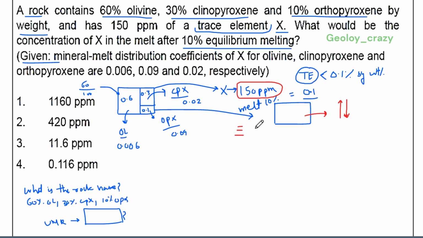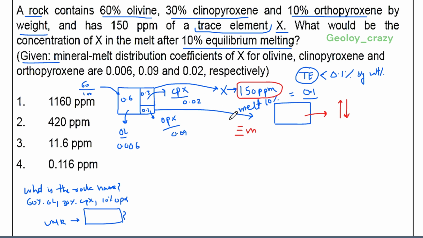Unless this melt has reached 10%, the material is there itself with the rock. After 10% is reached, the magma that is forming will come out. So now in that magma, what is the value of X? We have to calculate that.